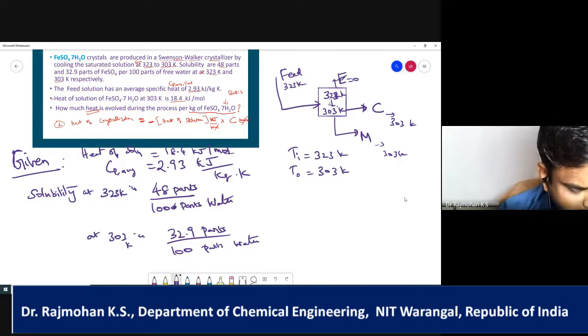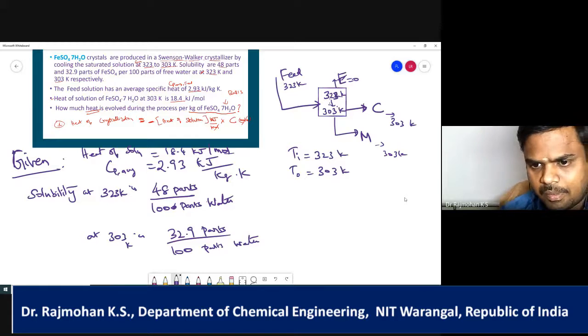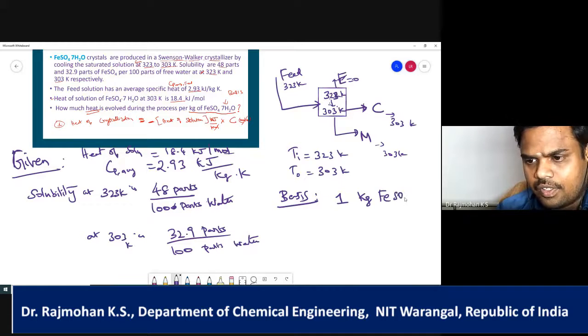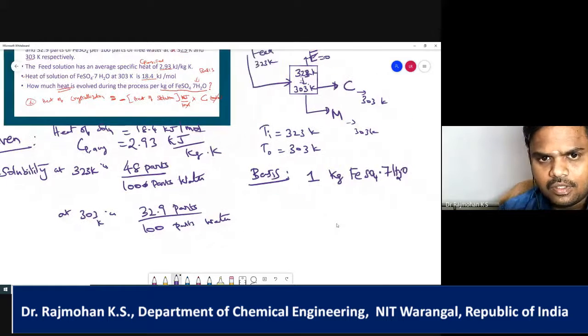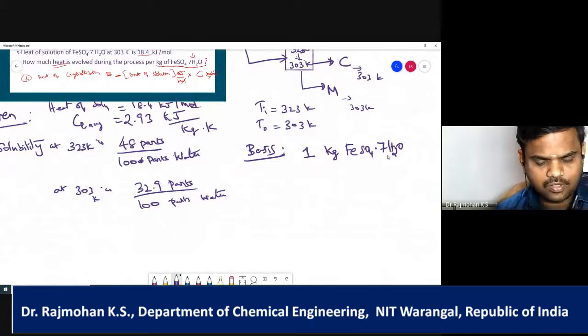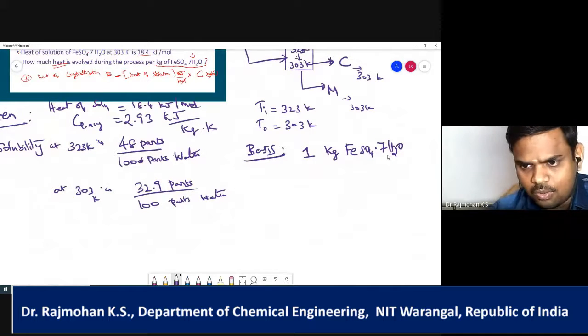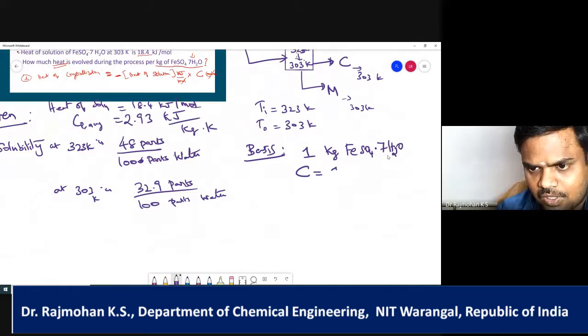Heat evolved per kg of crystal formed is to be calculated. So we can take a basis of 1 kg of FeSO4 7H2O, that is 1 kg of crystal. C equal to 1 kg is our basis.